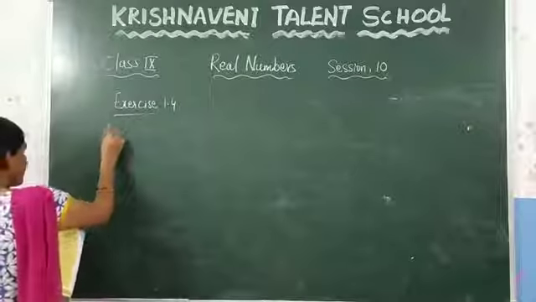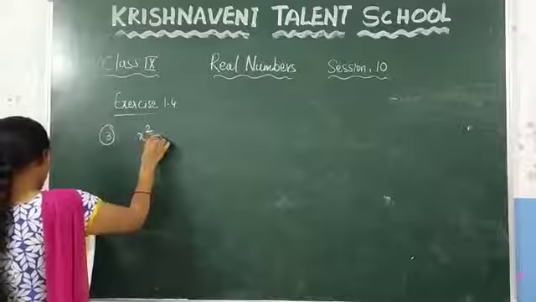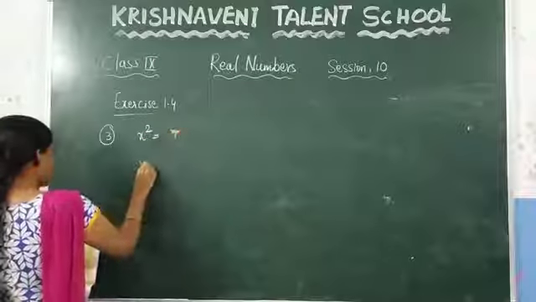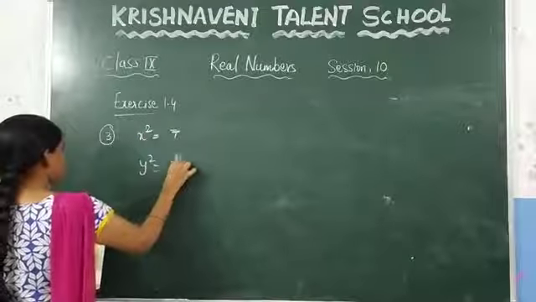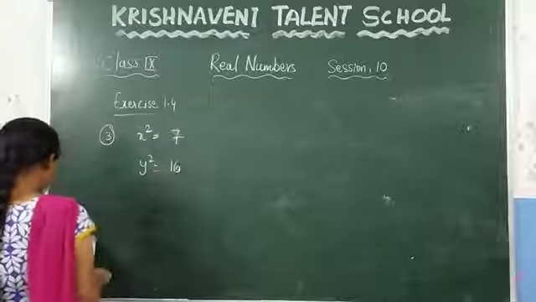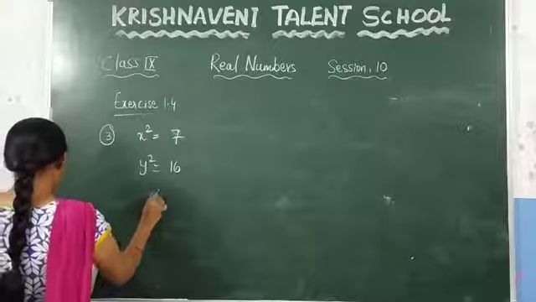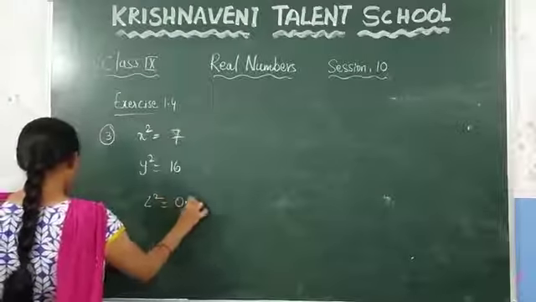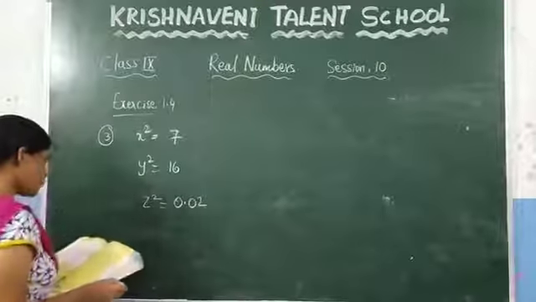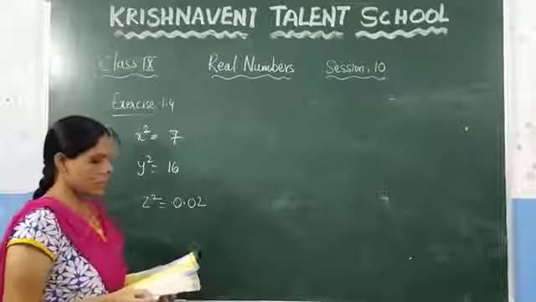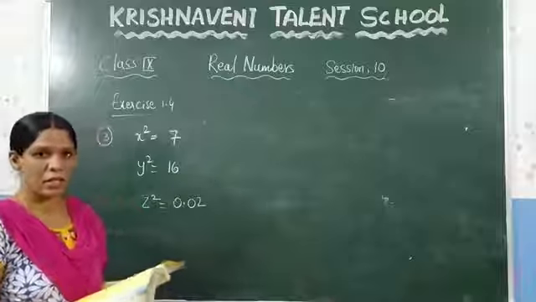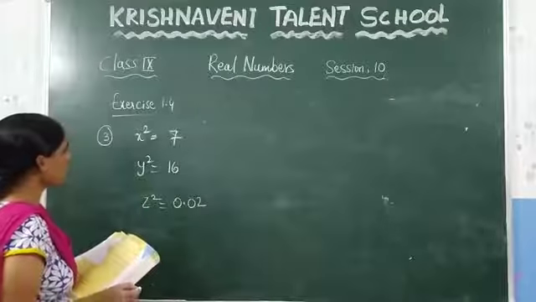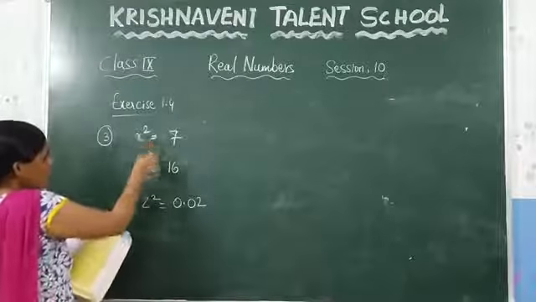Third question, very easy. x square is equal to 7, the next one y square is equal to 16, and the next one z square is equal to 0.02. Just like the previous problem, you have to say whether each is a rational or irrational number, but here they have given the value of the squares.